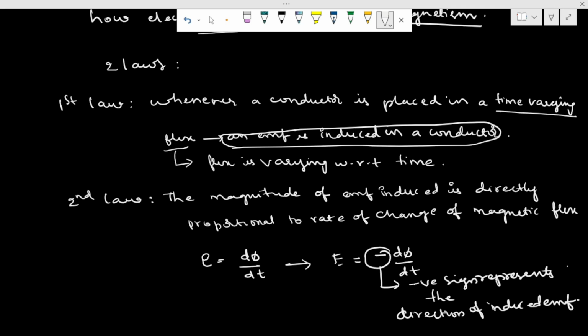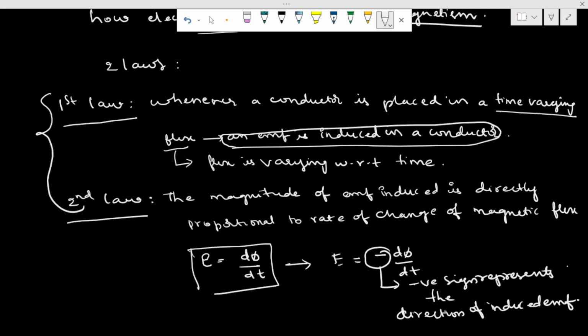Of Faraday's two laws, the first law states how the EMF is induced, and the second law states the magnitude of the EMF induced. The direction of the induced EMF is represented with the negative sign.